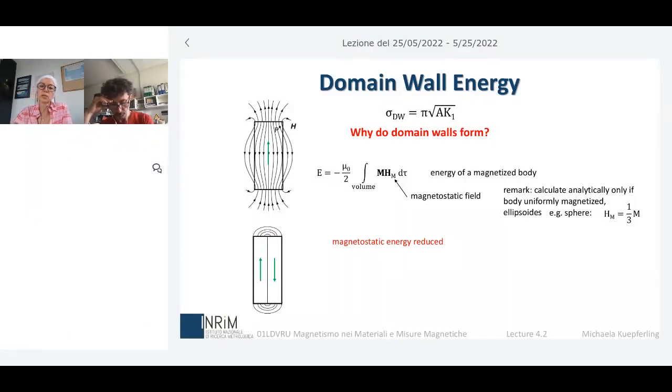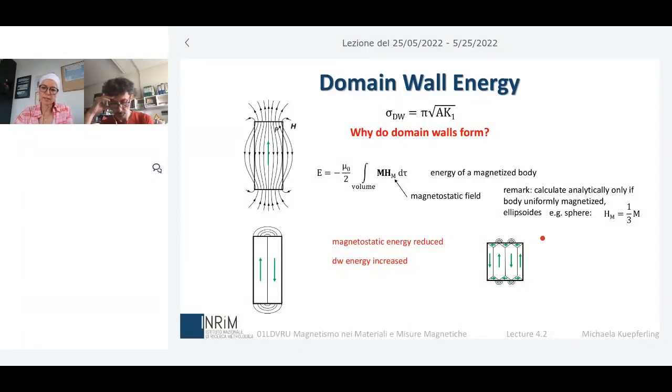So in order to reduce magnetostatic energy, of course, you can think that you can reduce even more by creating an array of domains as you can see here.